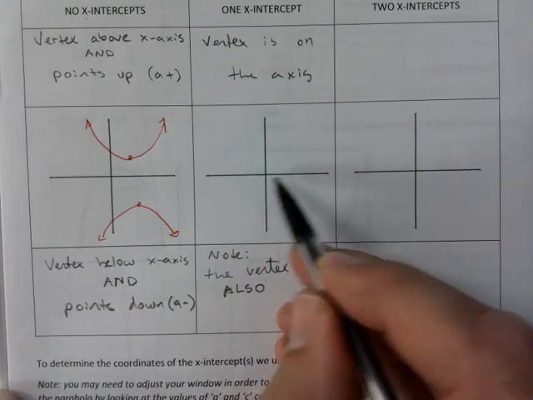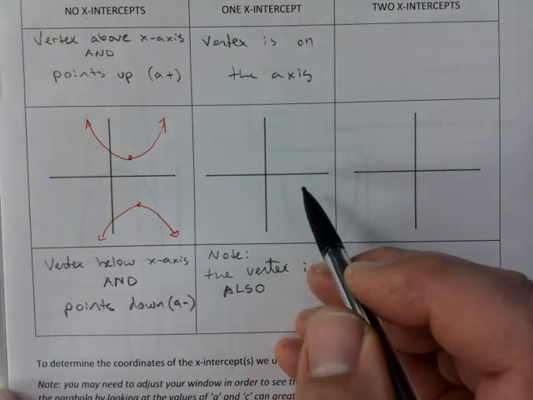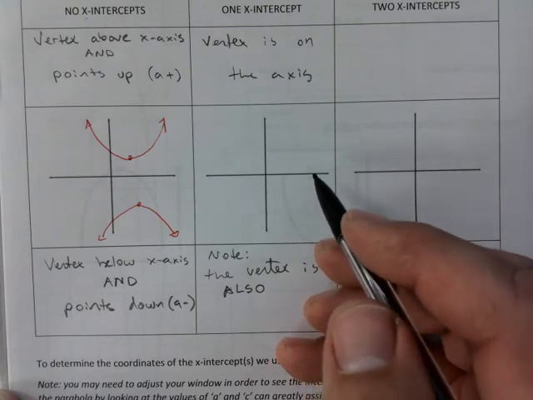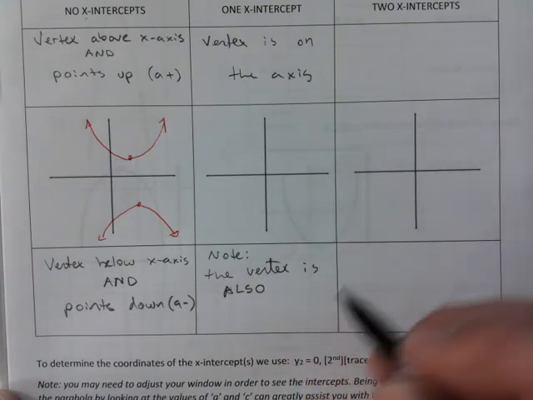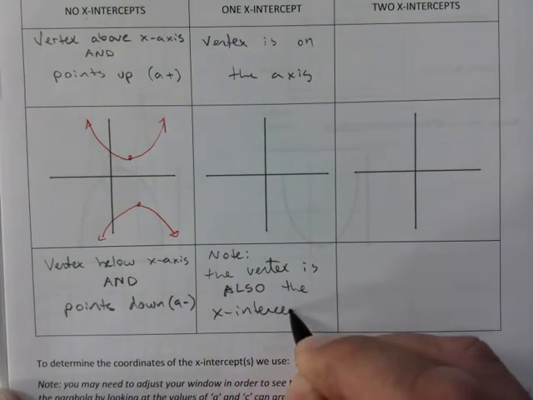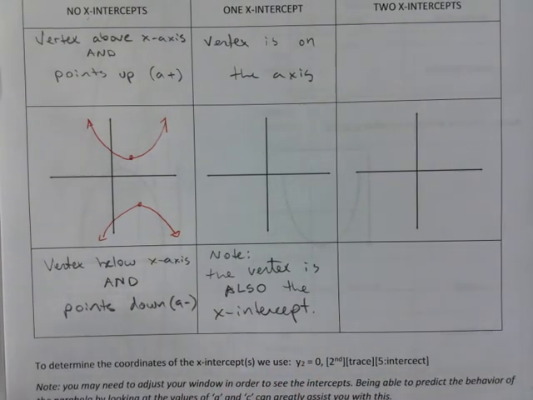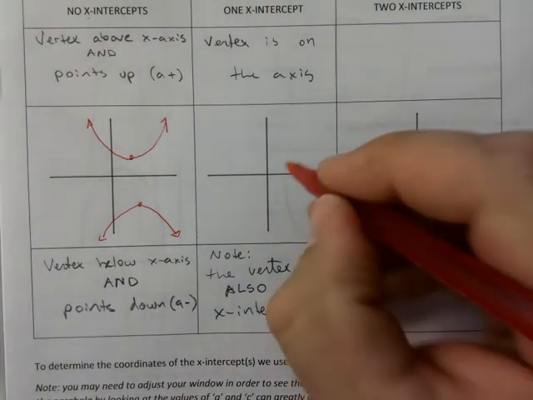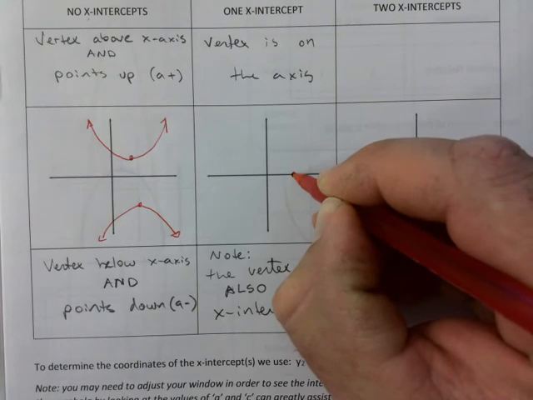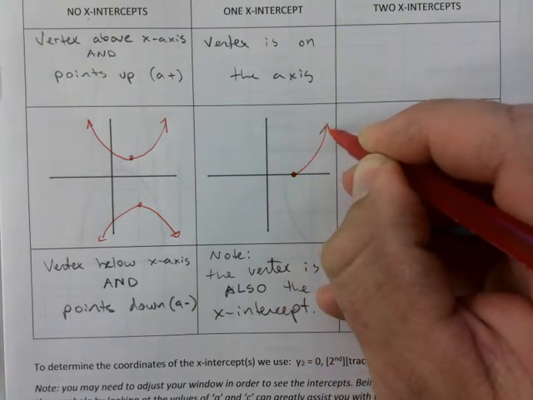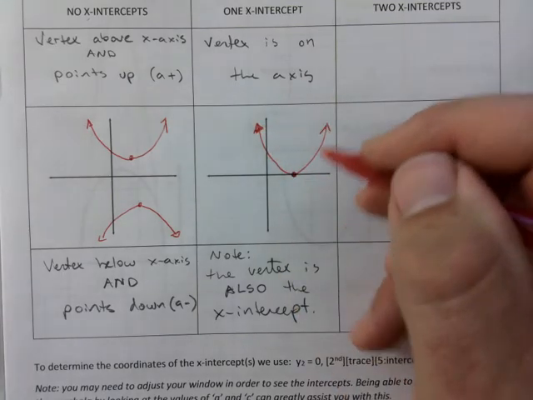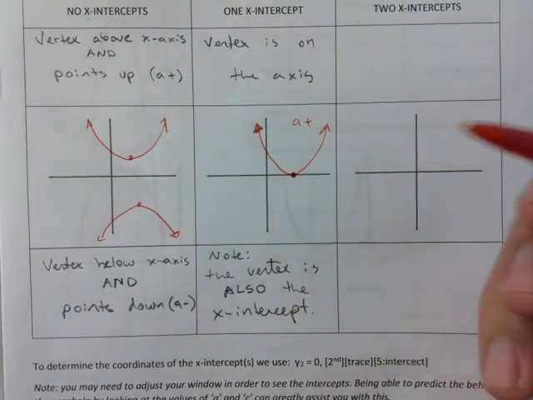If it's right on the x-axis, what is it also then? The x-intercept, right? So right on the x-axis, this is my vertex. That's where the parabola changes direction. So this would be A positive, right?